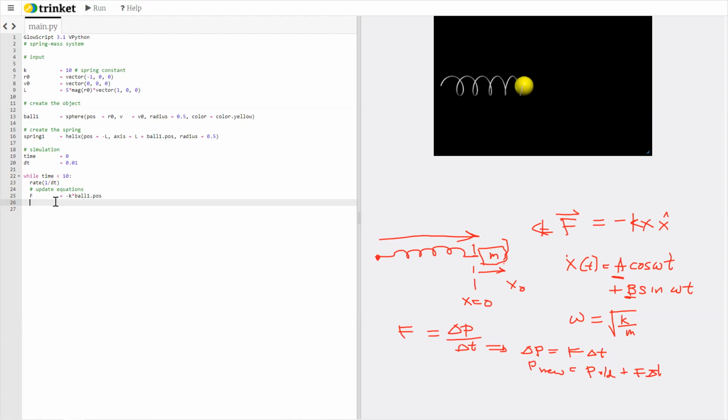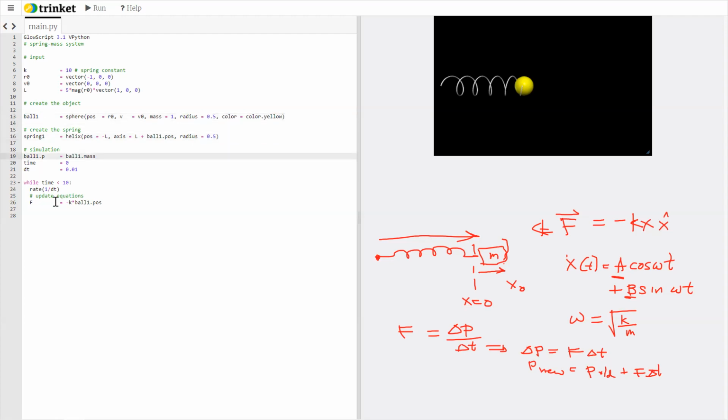First, we define the momentum. The momentum of ball 1, ball 1 dot P, is equal to ball 1 dot mass times the velocity, ball 1 dot v. We need to add the mass attribute. Mass is equal to 1.